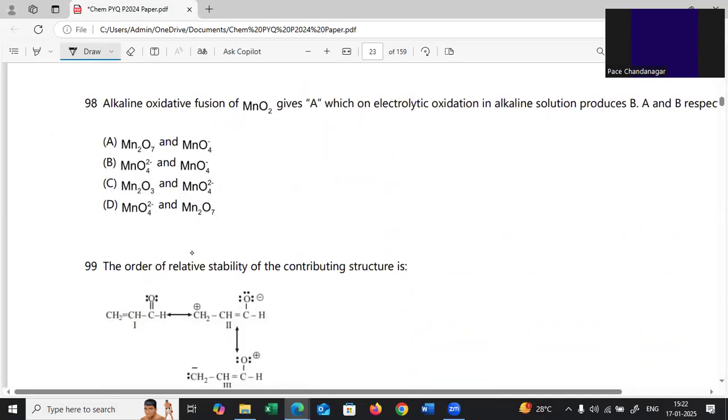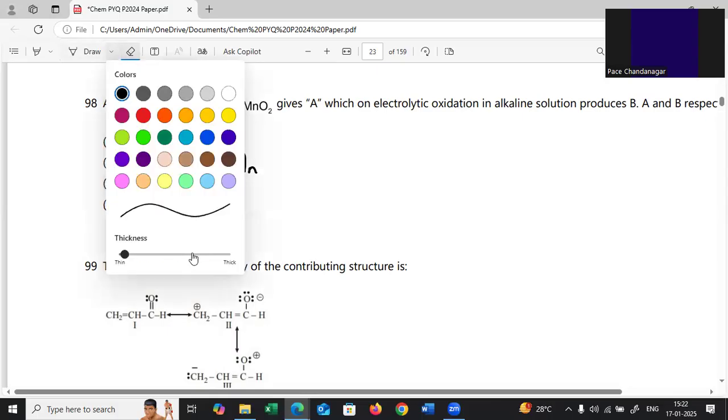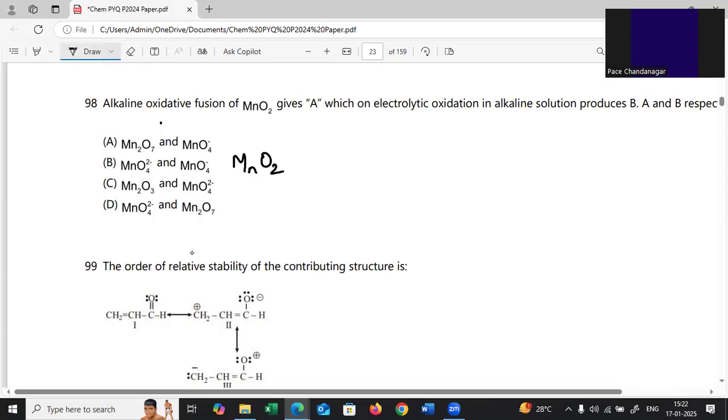Then 98, alkaline oxidative fusion of MnO2. Alkaline is mentioned, no problem. First, let us go with MnO2. It definitely turns to MnO4 2 minus. This you should remember.